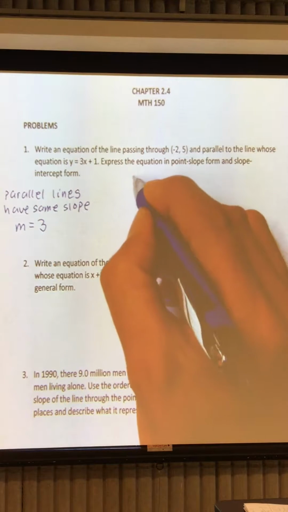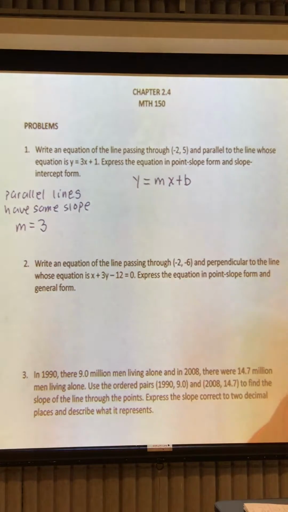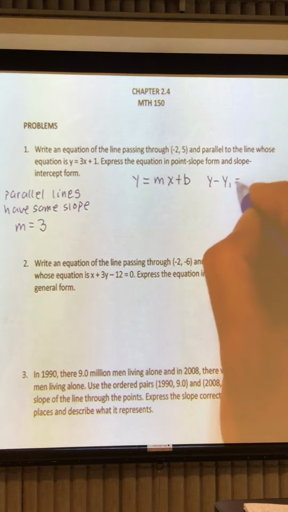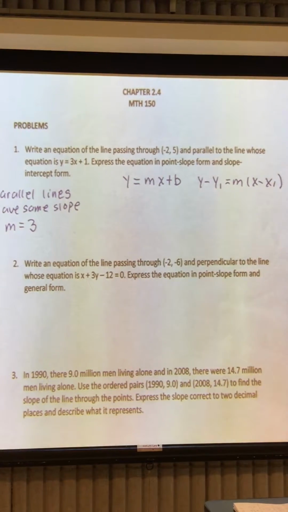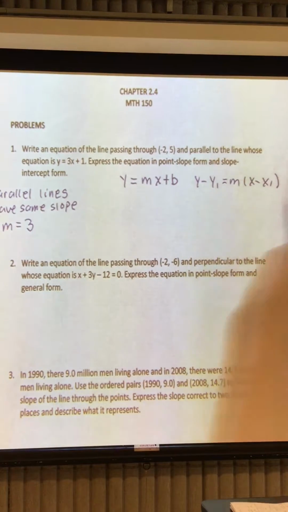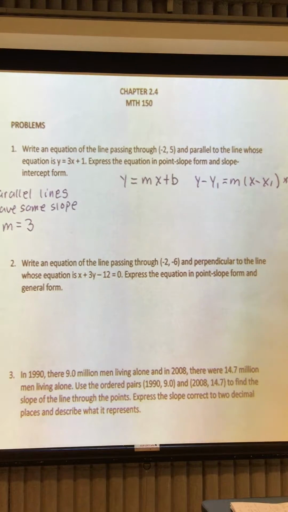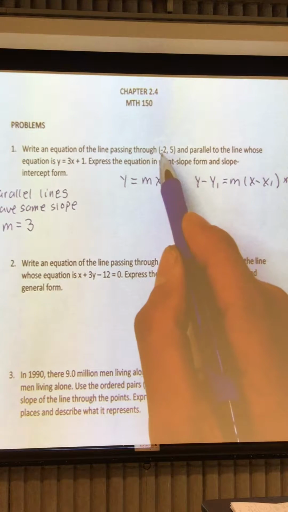So our line, whose equation is y equals mx plus b, or y minus y1 equals m times x minus x1, must also have a slope of 3. Now we're asked for point slope form, so we'll use this one right here. We already know the point that our line goes through, and we know the x and the y.